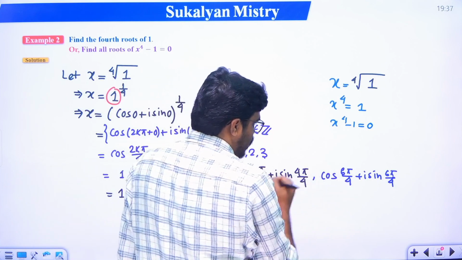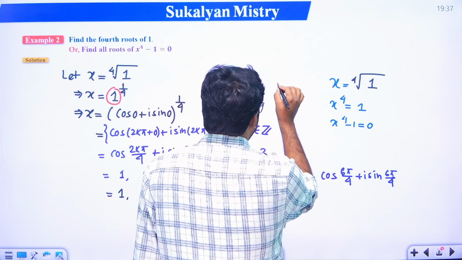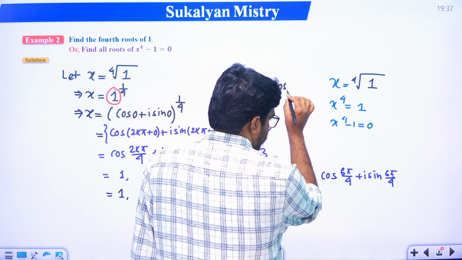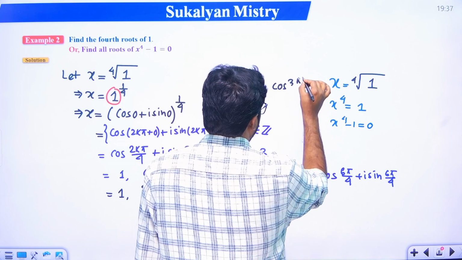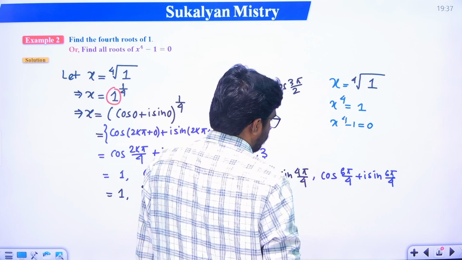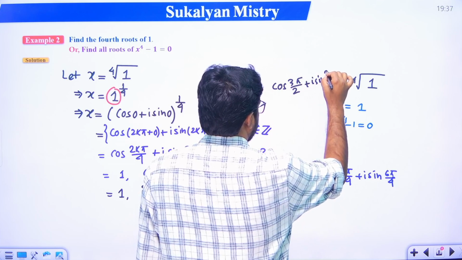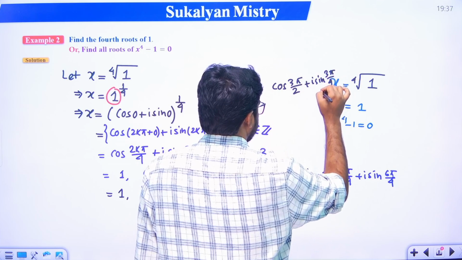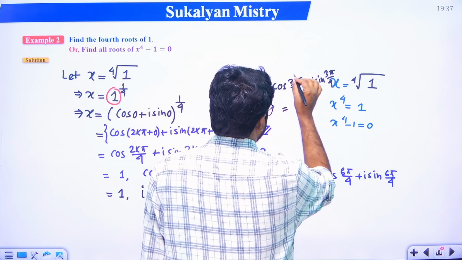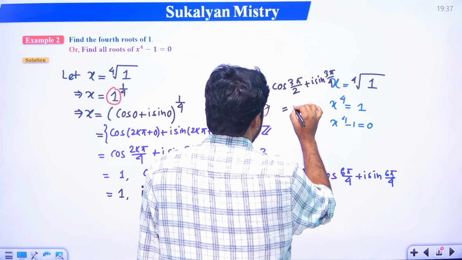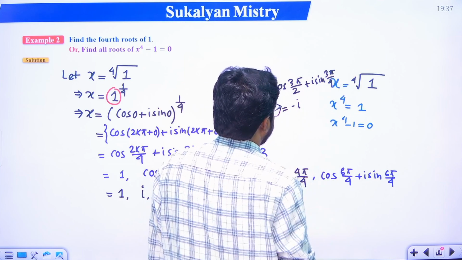Cos 6 pi by 4, that means 3 pi by 2, plus i sin 3 pi by 2. If we calculate this, cos is 0 and sin is minus 1, so that is minus i.